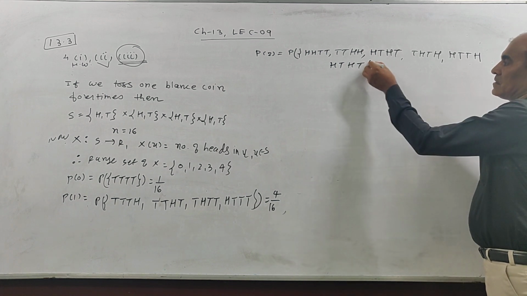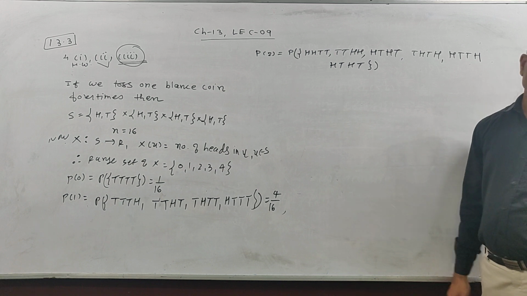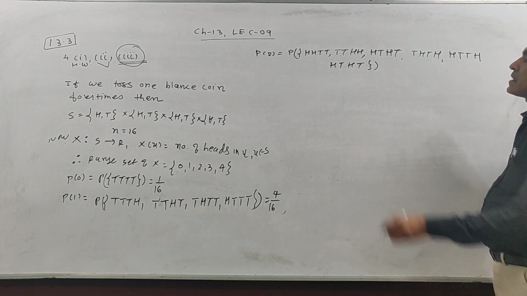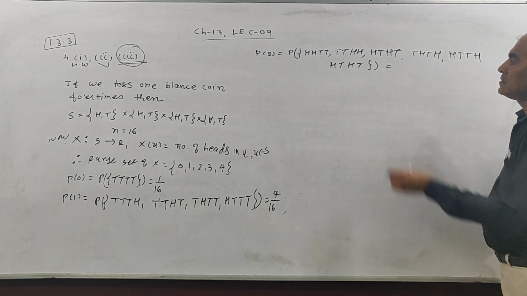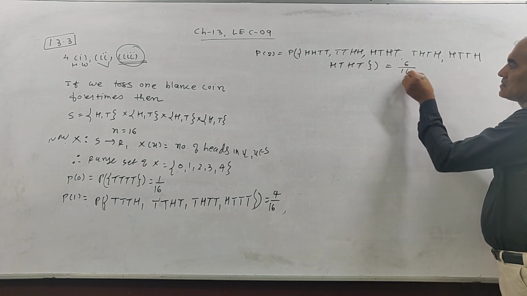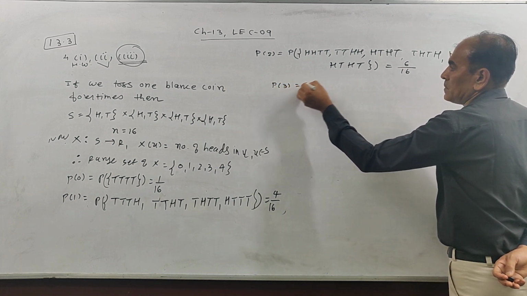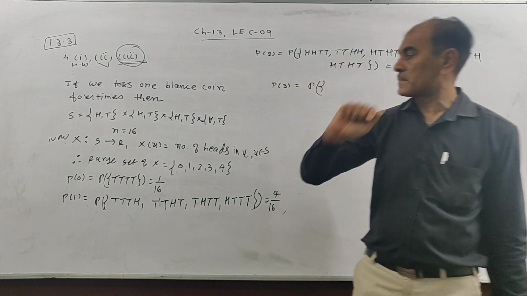Last time it was written as 5. That is the print mistake, the mistake done by me. So today I would like to solve that. So how many observations are there? 6. 6 by 16.